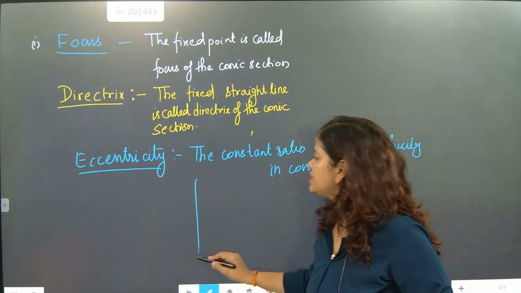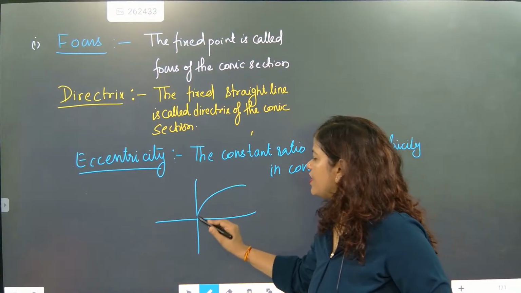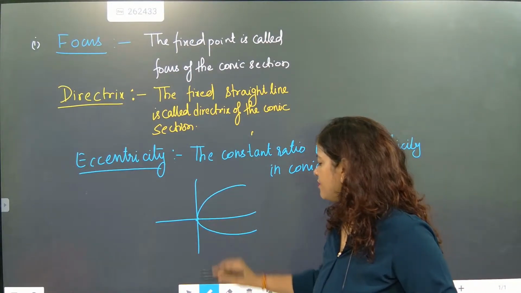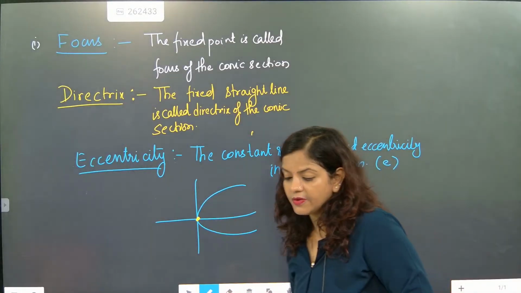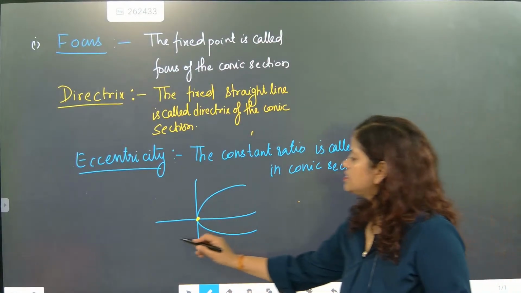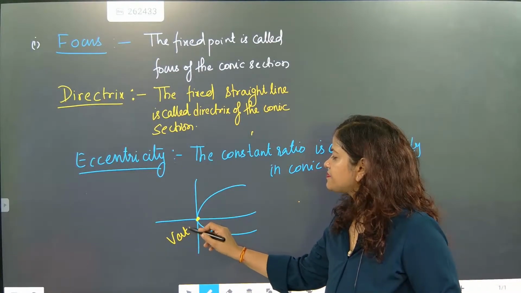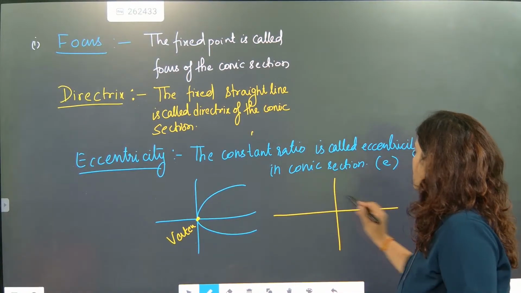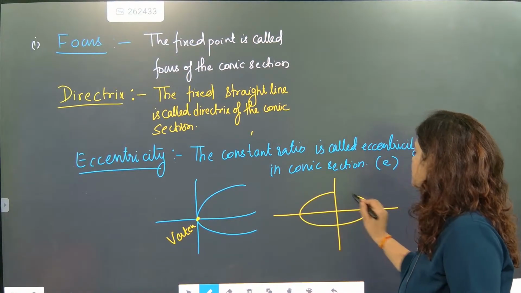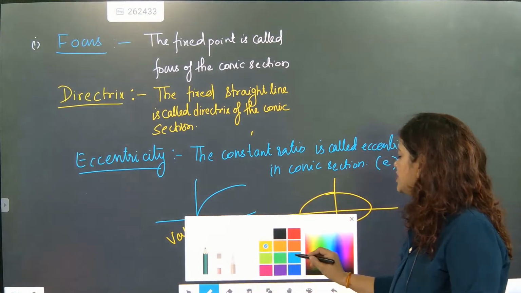First we need to check this one out. When you draw like this, this one will become the vertex point. So this is the vertex point. Now when you draw an ellipse, where is the vertex point? Definitely it will have vertex points here.